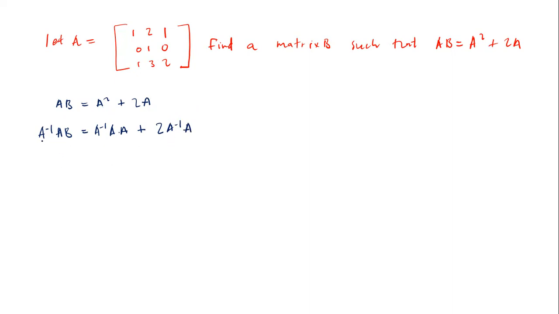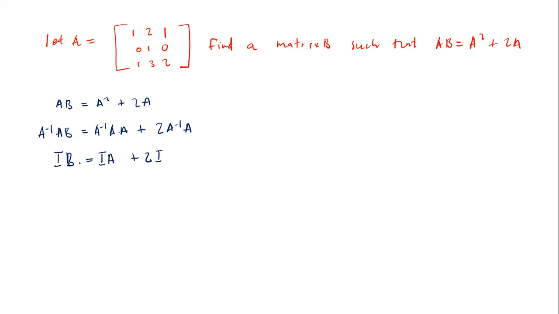Now, what is inverse A multiplied by A? Remember, when you multiply a matrix by its inverse, you get what you call the identity. So here we're going to have the identity matrix multiplied by B, which is equal to, same applies here, identity matrix multiplied by A, plus 2, same applies here, the identity matrix.